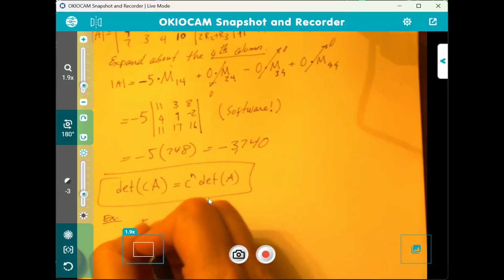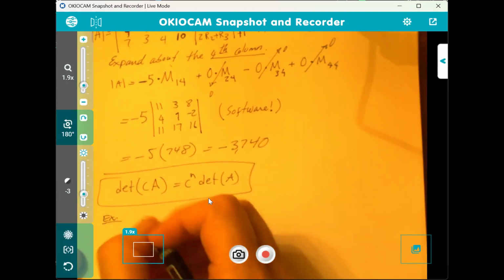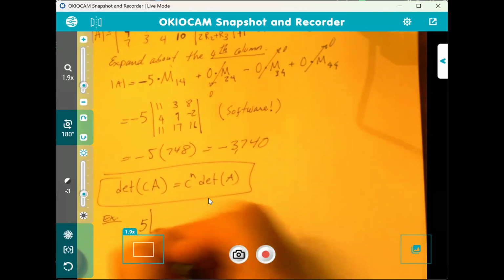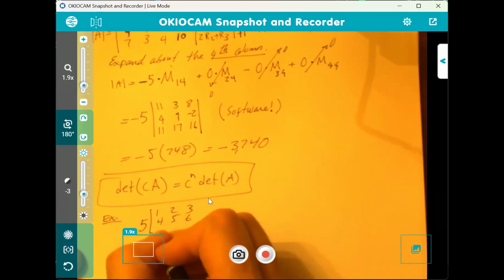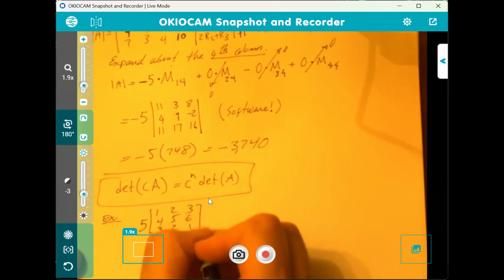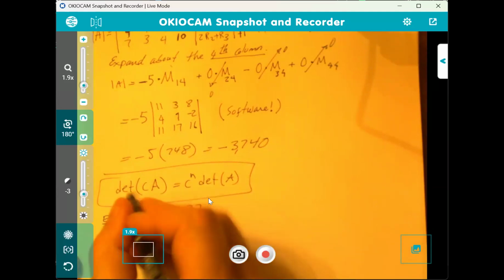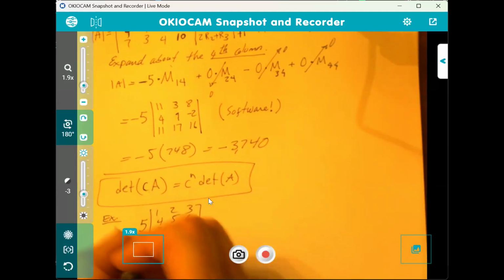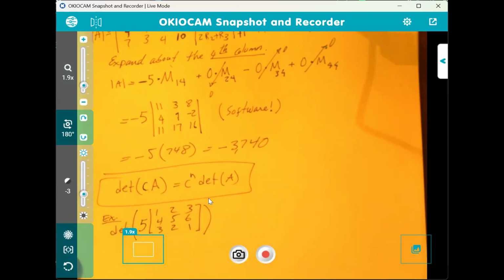Let's say I'm going to do 5 times this matrix: 1, 2, 3, 4, 5, 6, 3, 2, 1. So C is 5. I want to find the determinant of this.